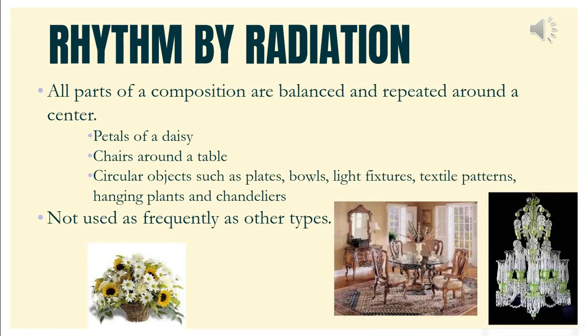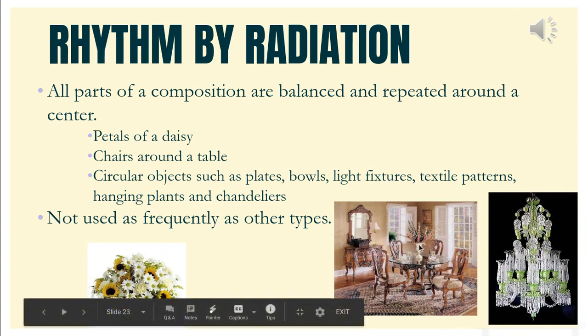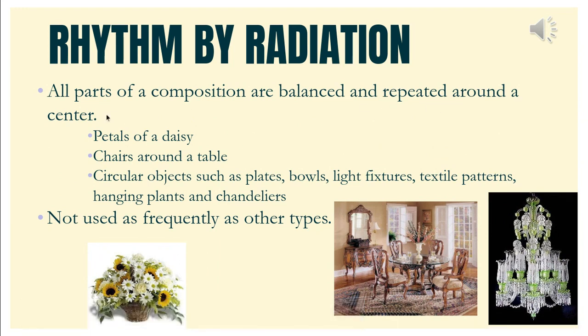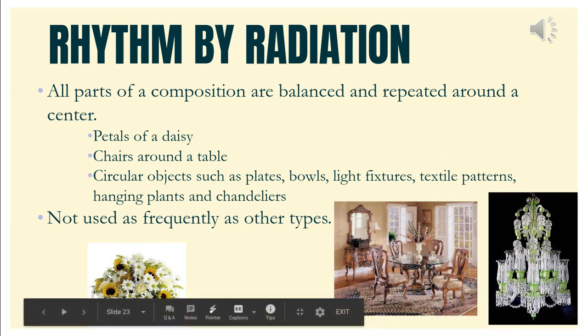Then we have rhythm by radiation. This is where you have all parts of your composition balanced and repeated around a center. So here you have all of these daisy petals coming out from the center. You have the sunflower petals coming out from the center. How do you see radiation in this picture?